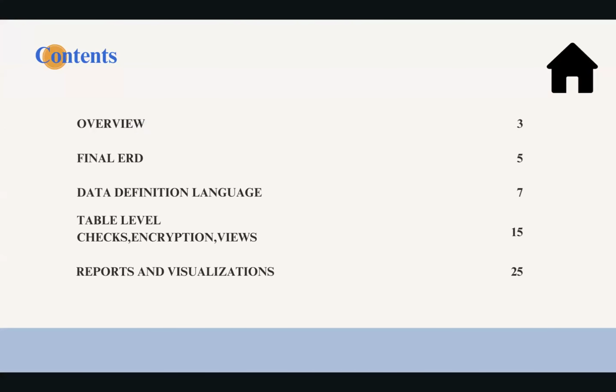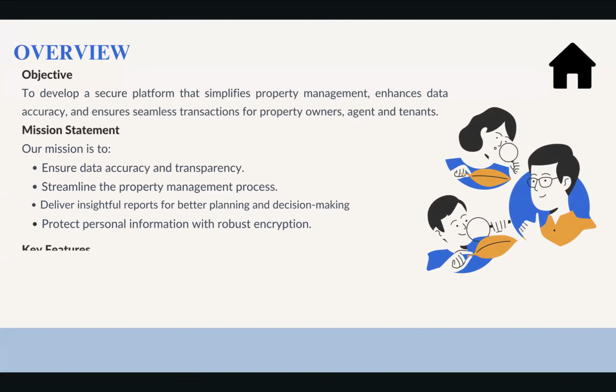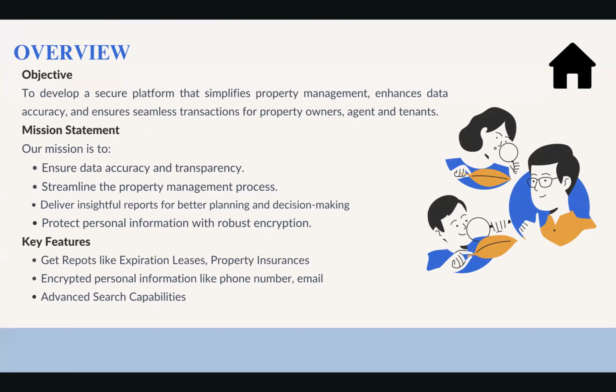Here's a list of context that we'll be covering. My teammates will take on their respective tasks and we'll move ahead. So let me go to the overview. Next slide. So the main objective was to develop a secure platform that simplifies property management for owners, agents, and tenants.